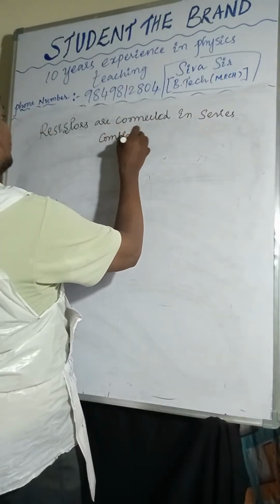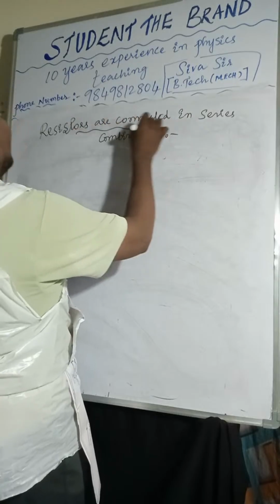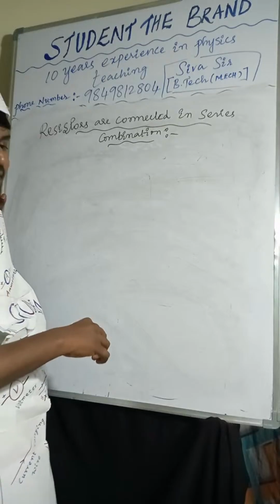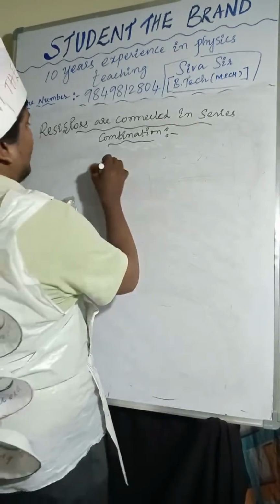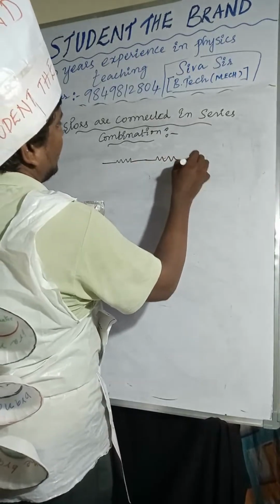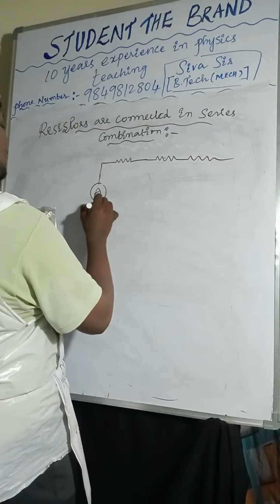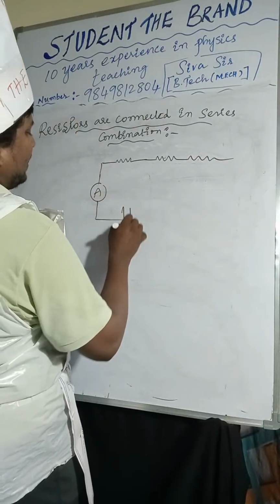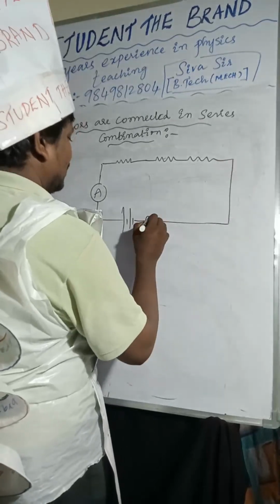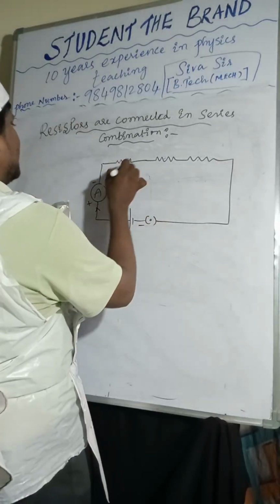Here you can see I am taking three resistors: resistor 1, resistor 2, and resistor 3, connected in series combination. I am taking a battery and a switch. When the switch is closed, current passes, with a positive terminal and a negative terminal.